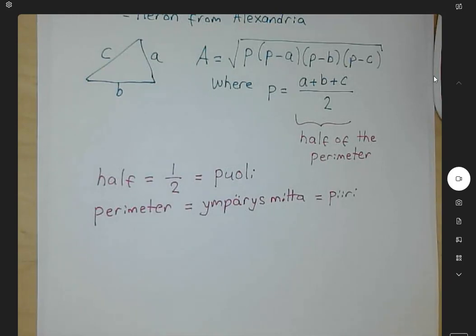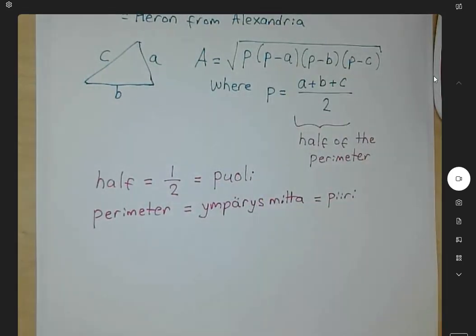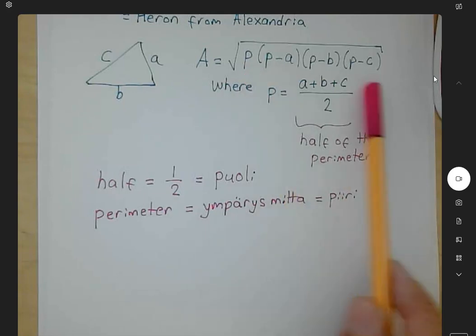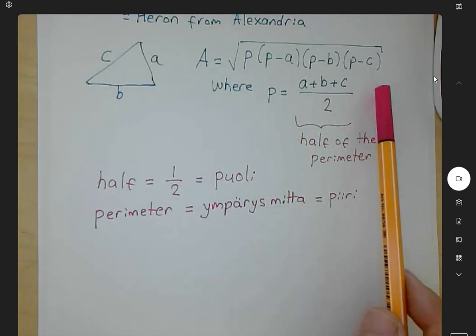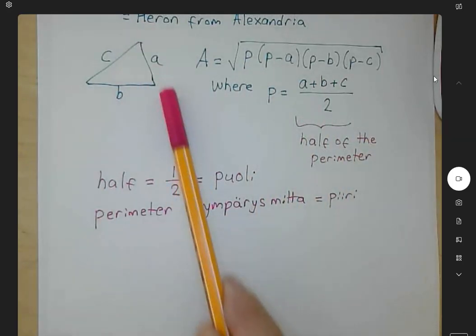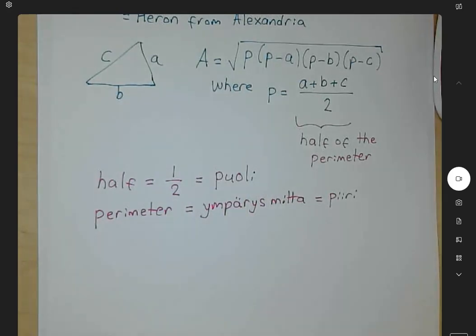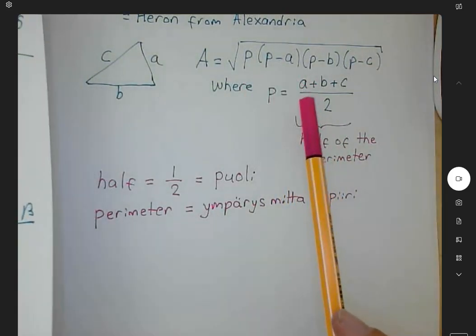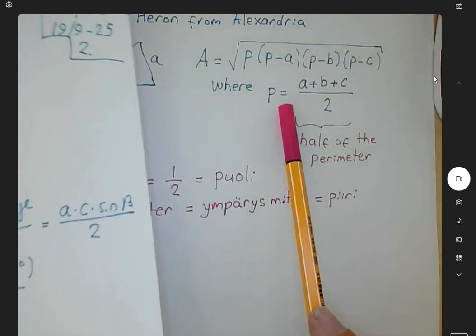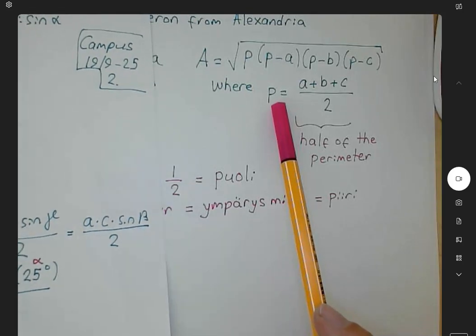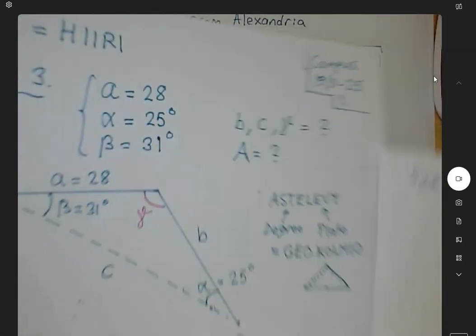Okay, this is the most useful formula if you know the starting values in the beginning. For example, in this problem, I don't see it as so useful, because to calculate this B, I need to use this.